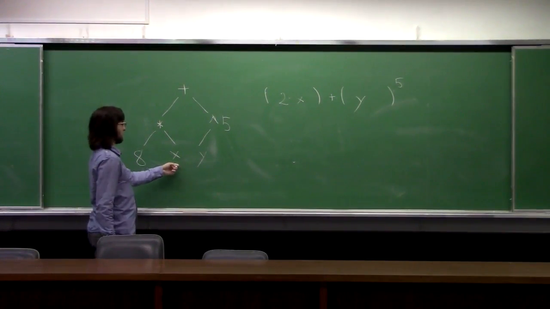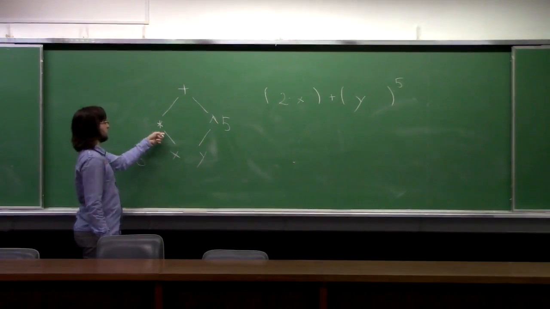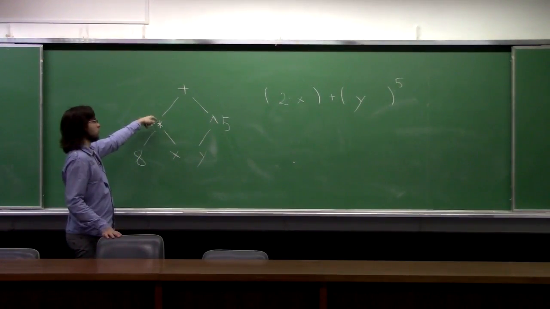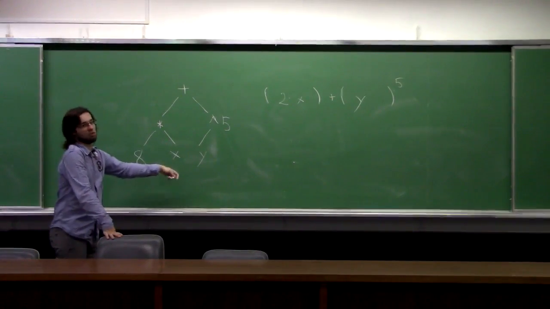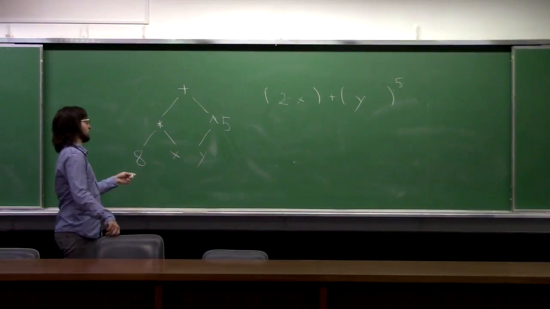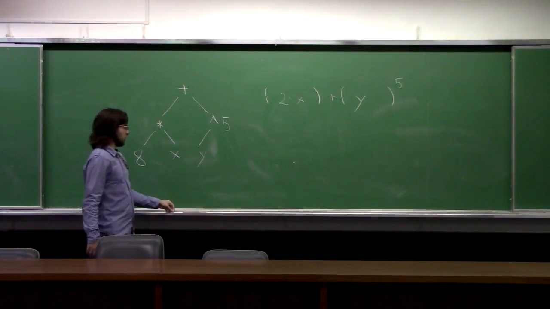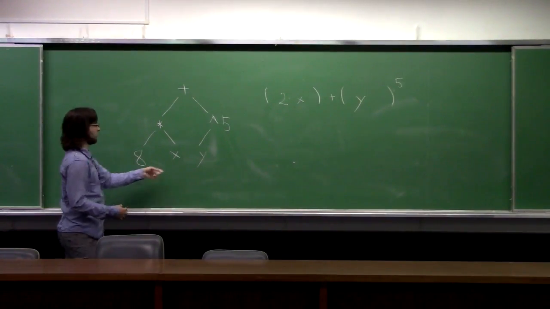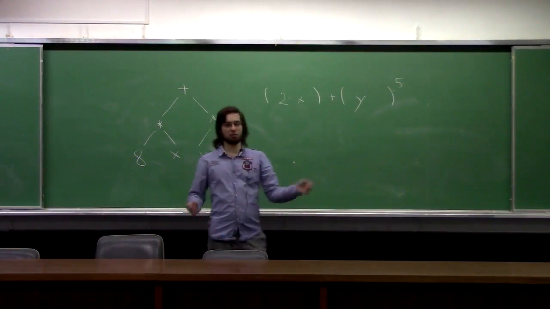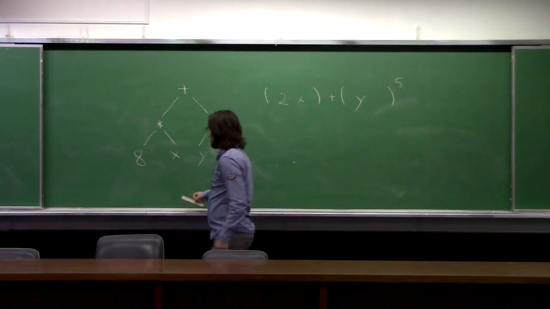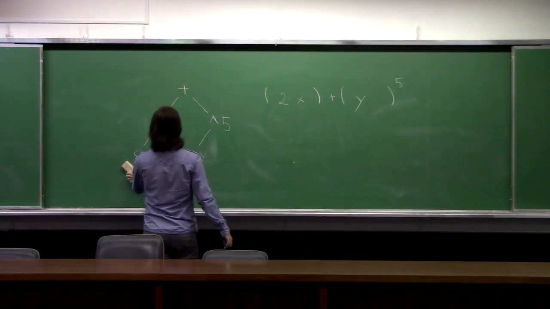So in the end, whenever we have an internal node, its sons are either an internal node or a leaf containing a variable or a leaf containing a number. And if we have two leaves that both contain a number, then we can just merge them, evaluate that part of the expression.